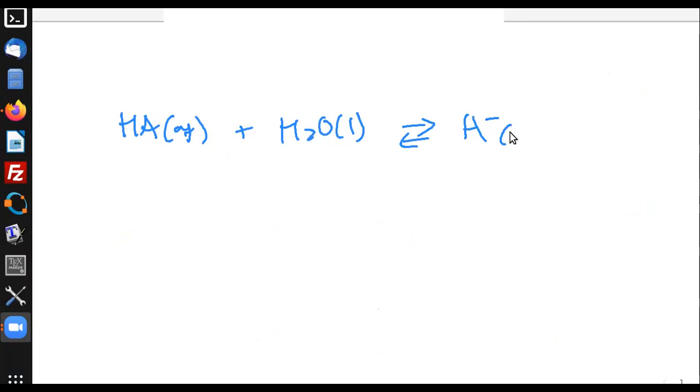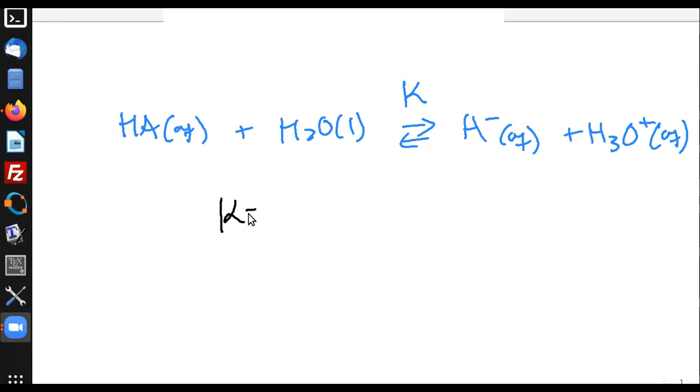For example, suppose we have an acid that should react with water and make this one. And we have some equilibrium constant here.